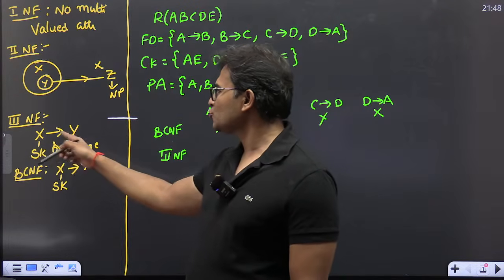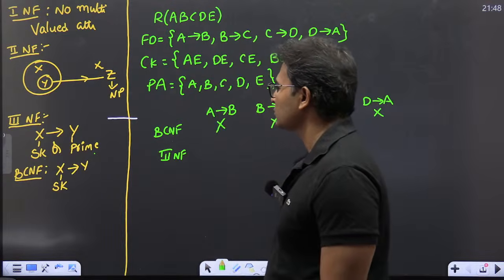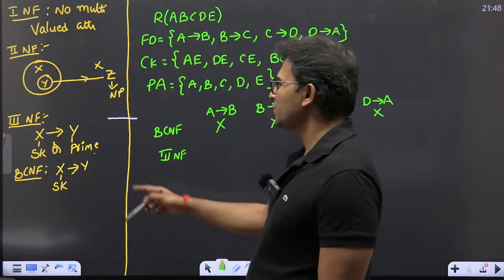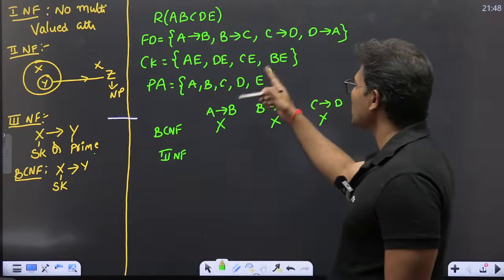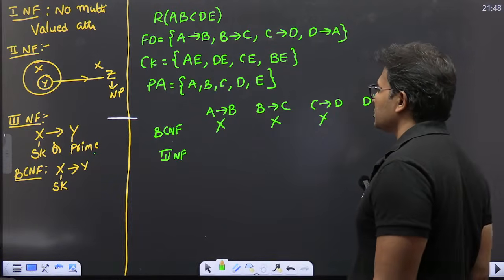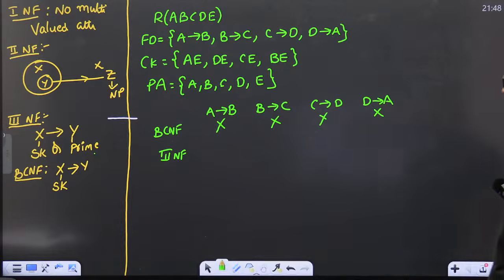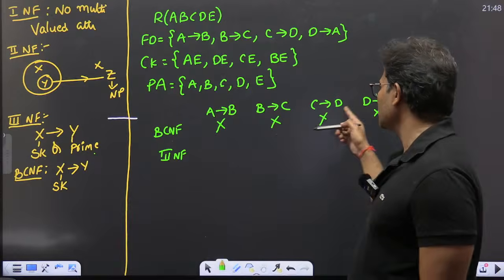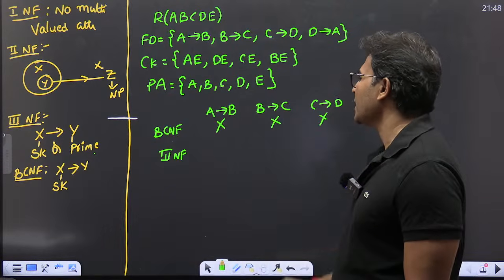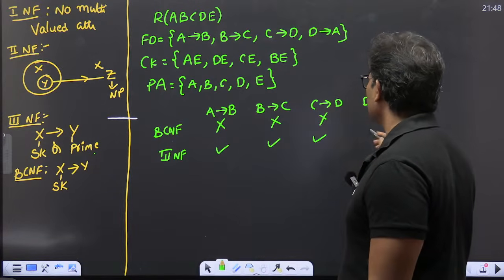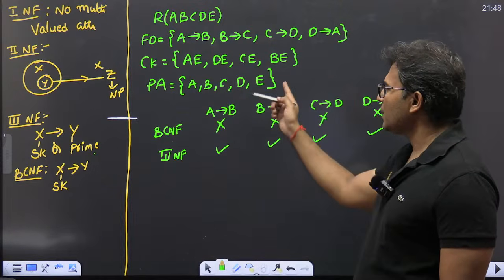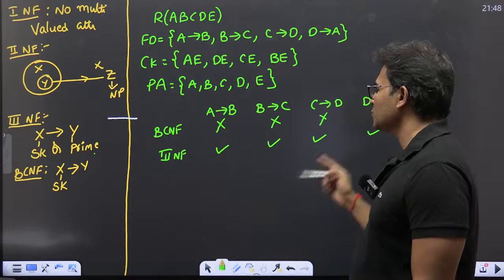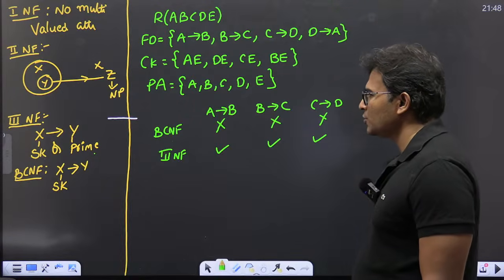Now we know that all the right hand sides are prime, because every attribute is prime, therefore you don't have to check anything, just keep ticking. When all the attributes are prime attributes, then definitely you can do like this.